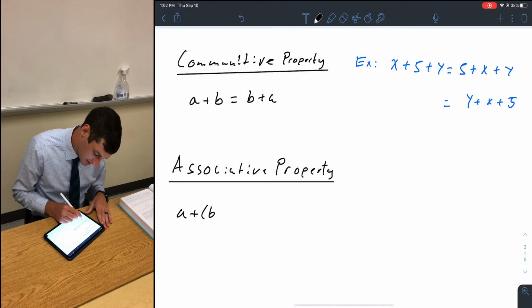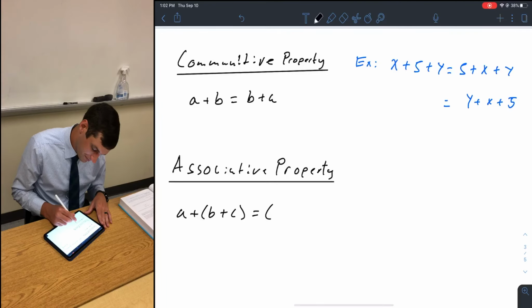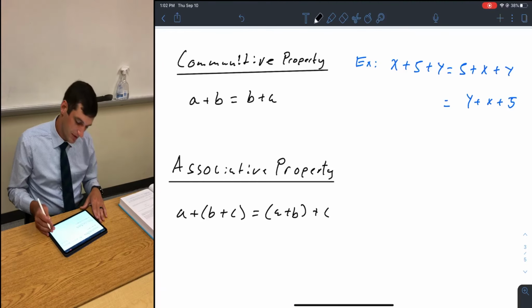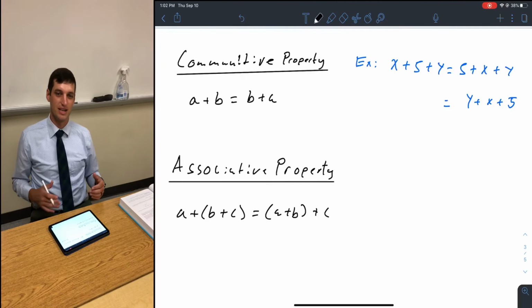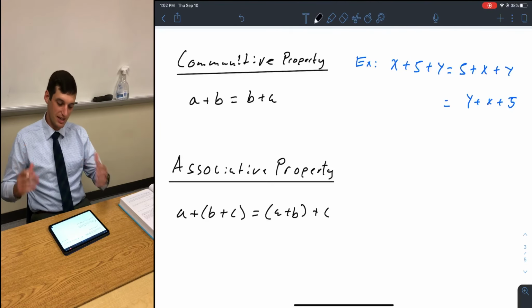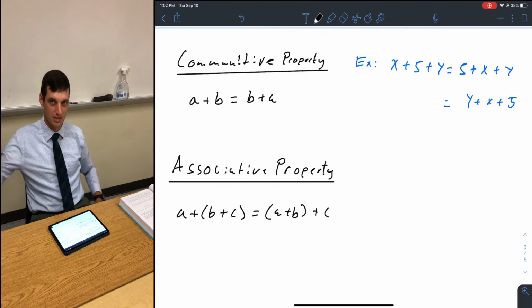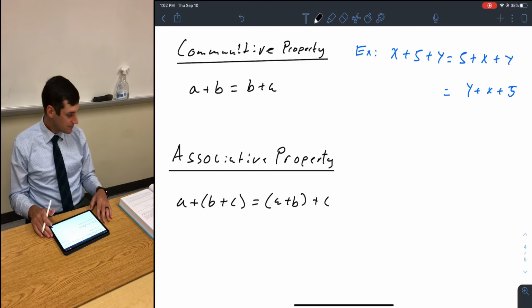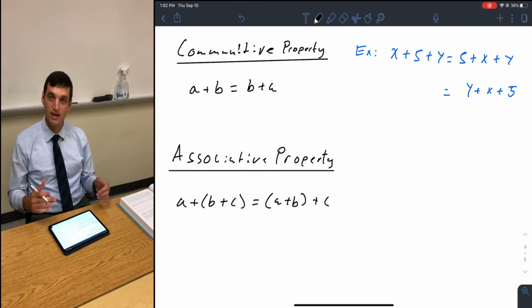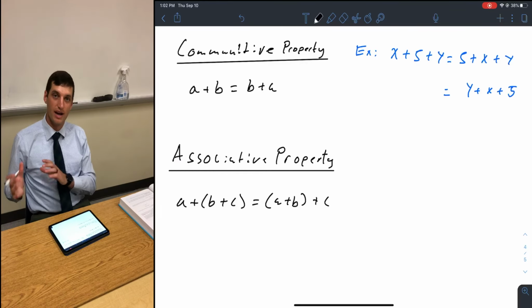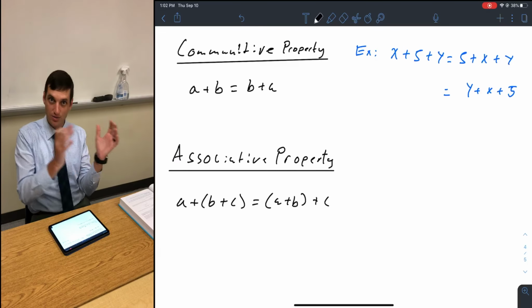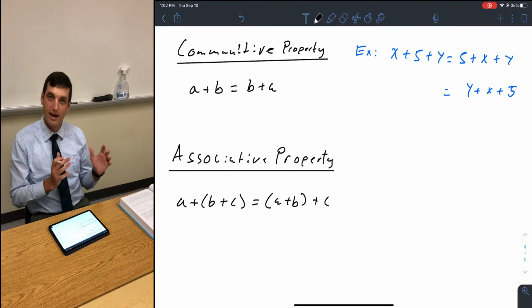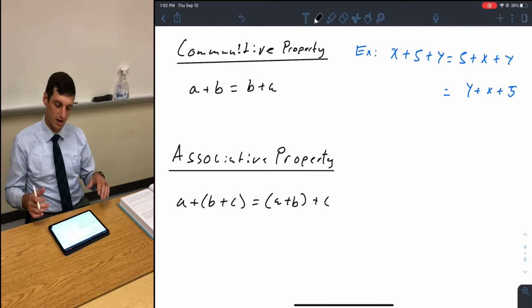So A plus B plus C is equal to A plus B plus C, with the parentheses grouped differently. And it is very useful because now we know that I can move that parentheses around within an equation. And I'll show you how that kind of works.